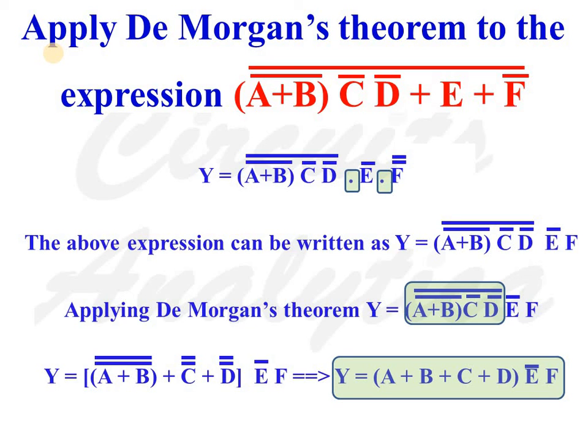We will get y is equal to A or B double bar or C double bar or D double bar ANDed with E bar and F. So we will get y is equal to A or B or C or D and E bar and F, as A or B double bar is equal to A or B, C double bar is equal to C, and D double bar is equal to D.